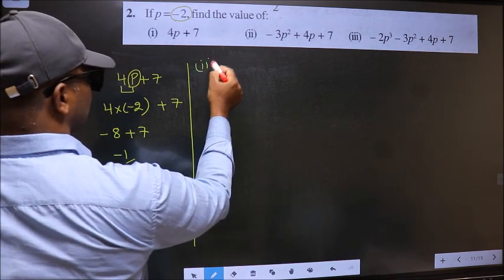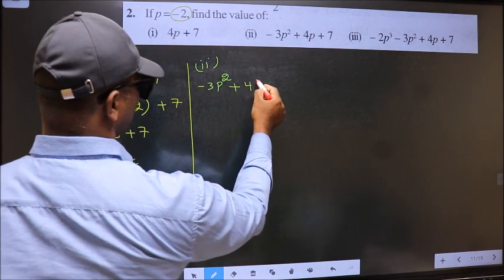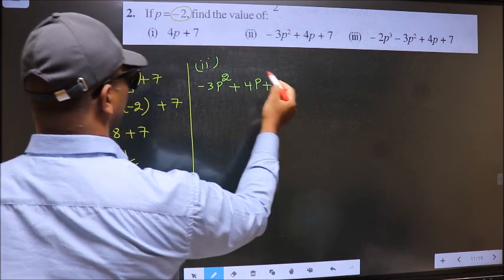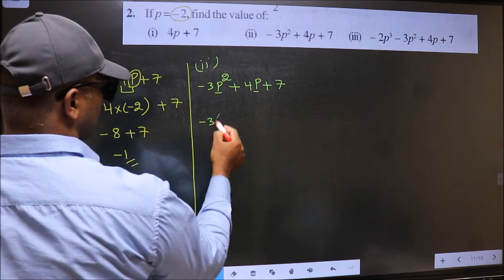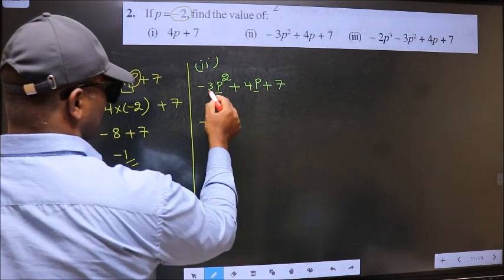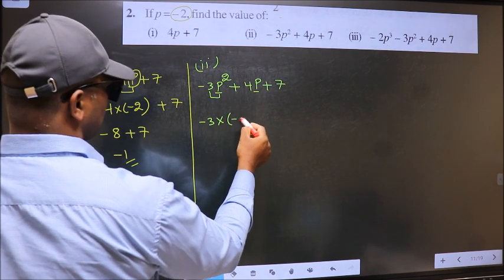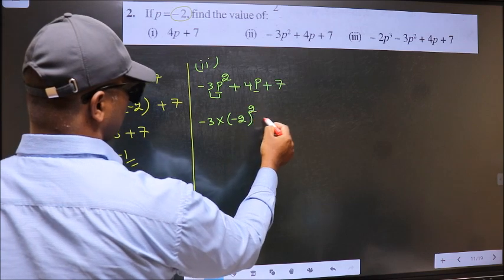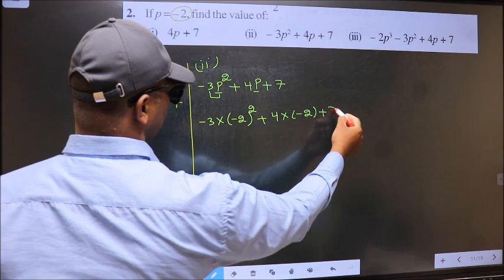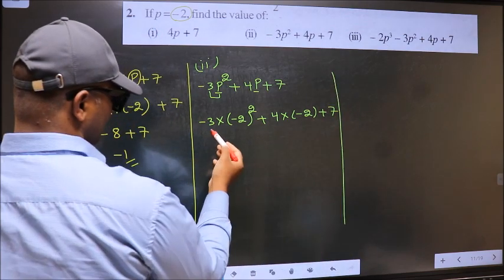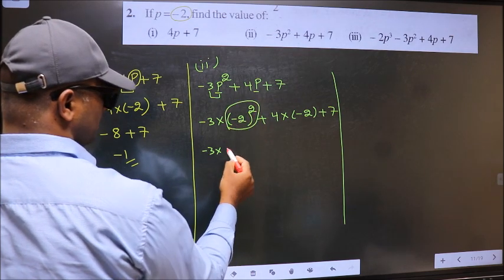Next, second bit minus 3p square plus 4p plus 7. In place of p, we should write minus 2. So minus 3, in between these two it is into. In place of p, you write minus 2 whole square plus 4 into, in place of p, minus 2 plus 7. So now minus 3 into minus 2 whole square is plus 4.